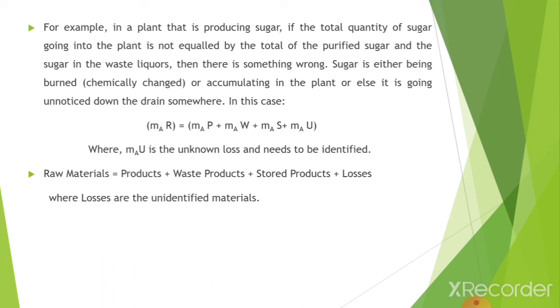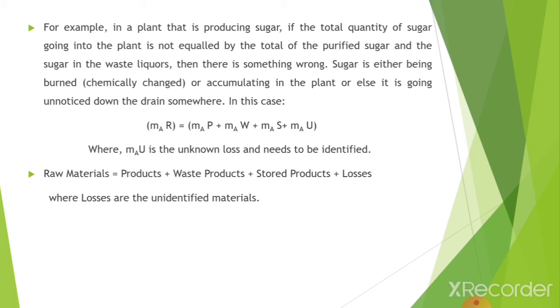MAR is equal to MAP plus MAW plus MAS plus MAU, where Ma is the mass fraction of component A in raw material, MAP is the mass fraction of component A in product, MAW is the mass fraction of component A in waste product, MAS is the mass of component A stored in the system, and MAU is the losses, which need to be identified.